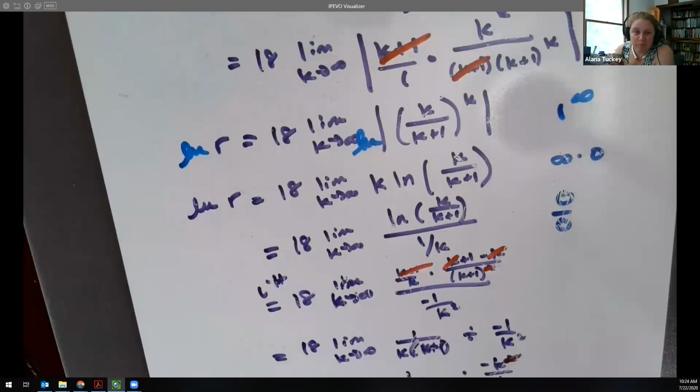In other words, you've already pulled it out. It's already kind of out in front. It's the limit part that you have to fight, the 1 to the infinity part. That's the part you're taking the logarithm of, if that makes any kind of sense. Fun with L'Hopital's rule. Yep.